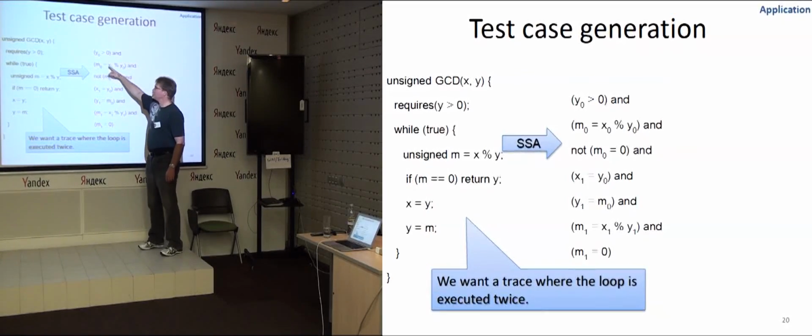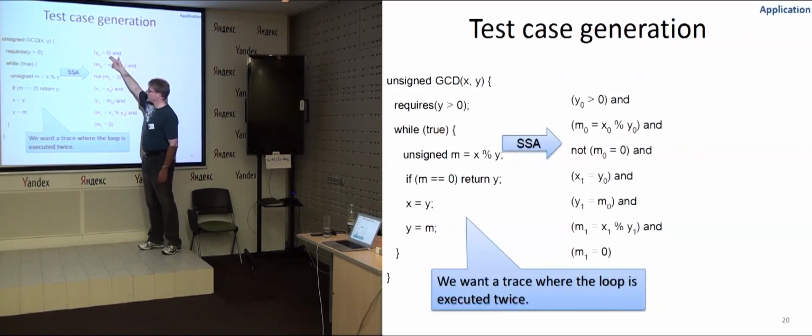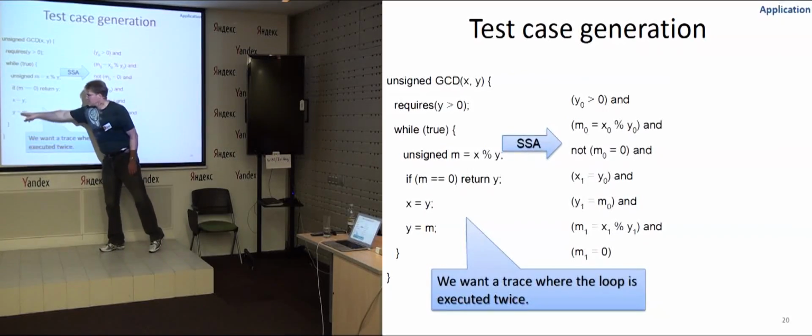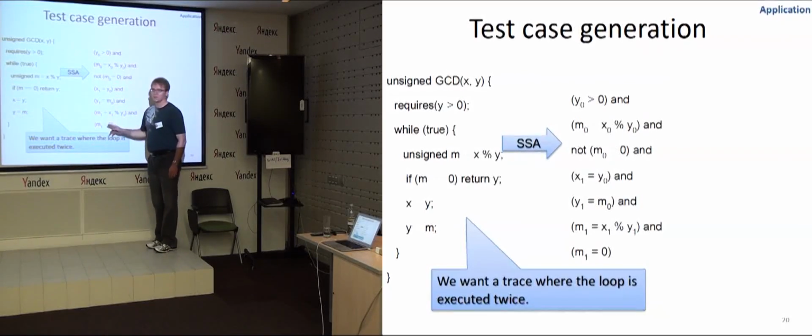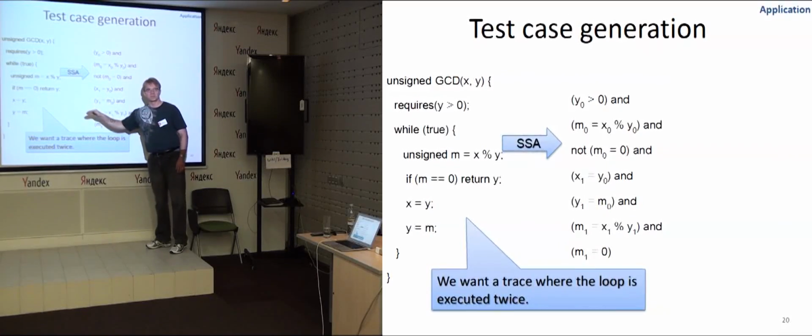And now we added timestamps to the variables. So every time we assign to a variable, we increment the timestamp, or we initialize the timestamp. So that allows us to rewrite assignments to equalities. So now you have a logical formula instead of a sequence of instructions.